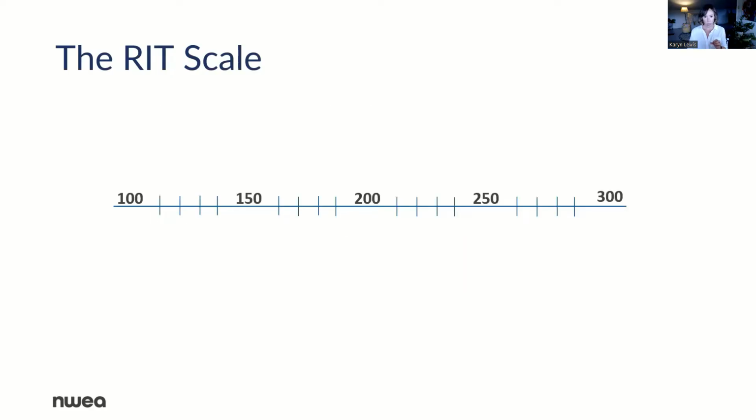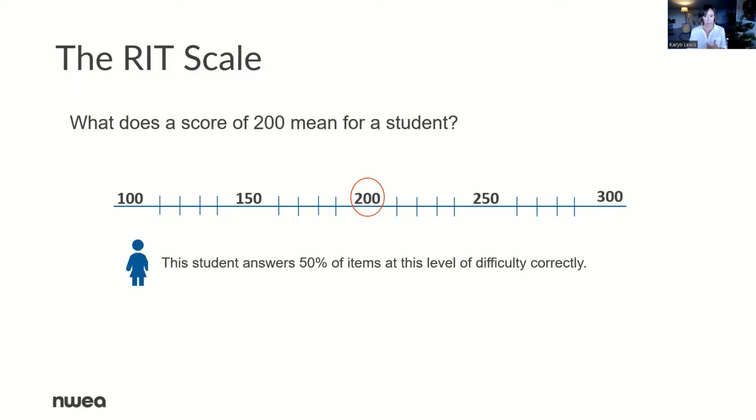Let's get slightly more concrete about what this means. So imagine this number line represents the RIT scale, and let's just arbitrarily pick a specific point on the scale, say 200. How would we interpret a score of 200 for a student? Well, a 200 RIT score for a student tells us that this student is getting 50% of items at that specific difficulty level correct.